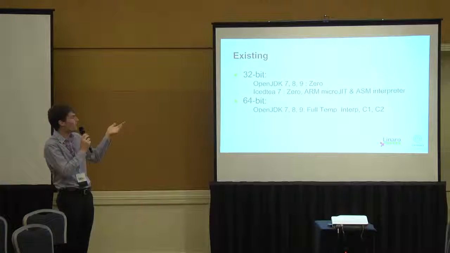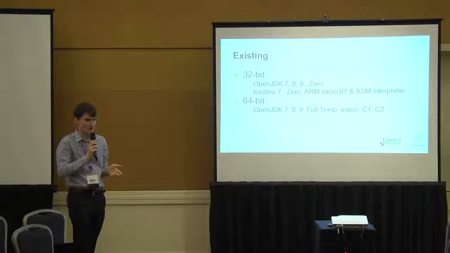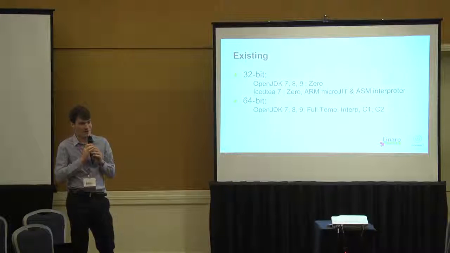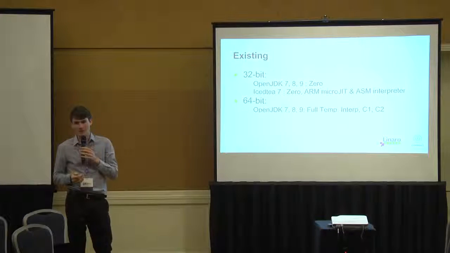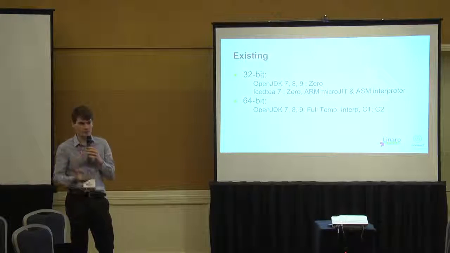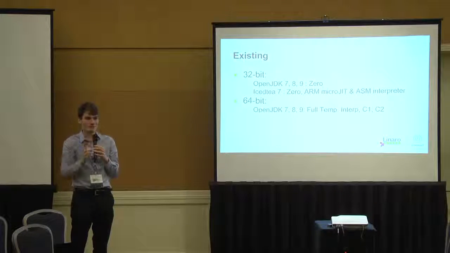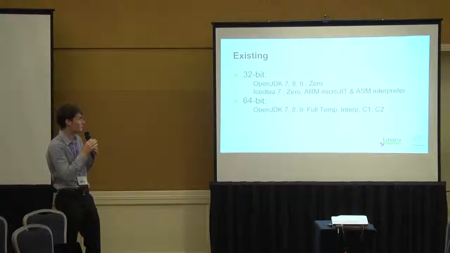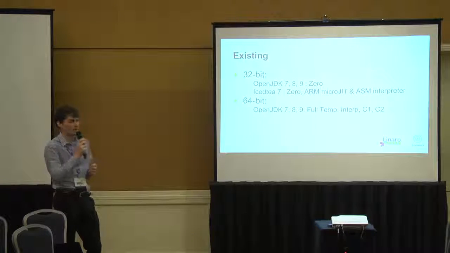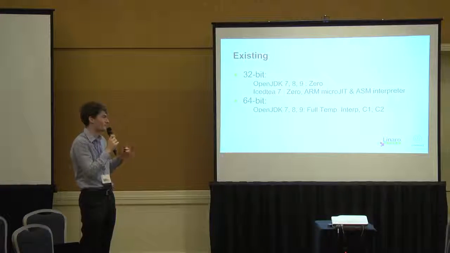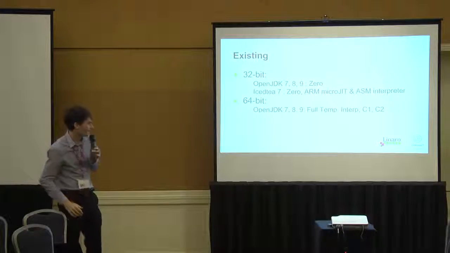But because they're based on the Zero interpreter, keeping them up to date with the latest developments is somewhat harder, because they have lots of specific information in them, offsets of things and structures, and whenever the Zero interpreter changes, they then need to be brought up to date. So they are currently only on IcedTea 7 and haven't been updated. I don't know if they will be, but they haven't at the moment.